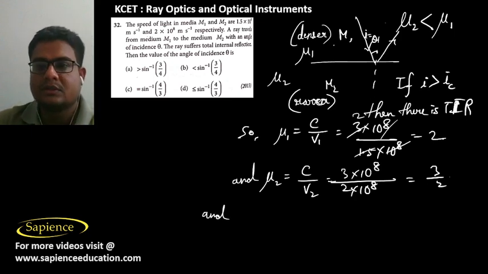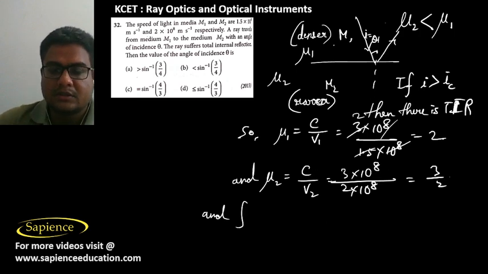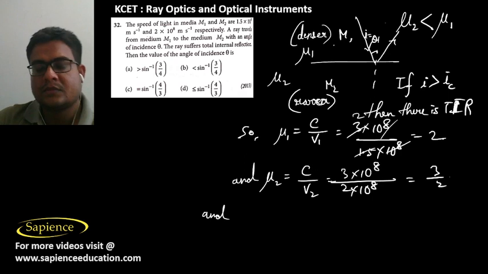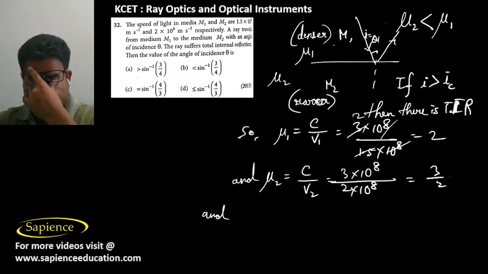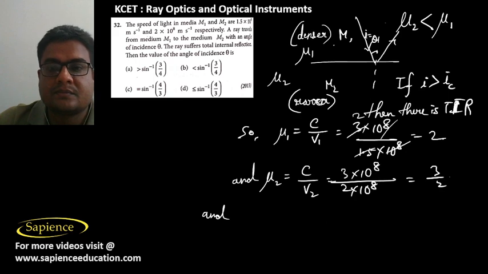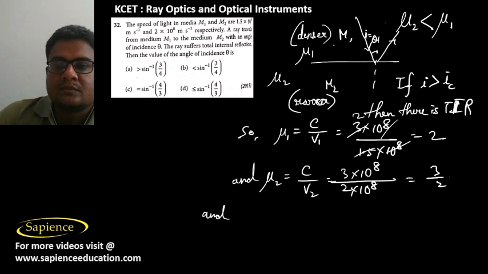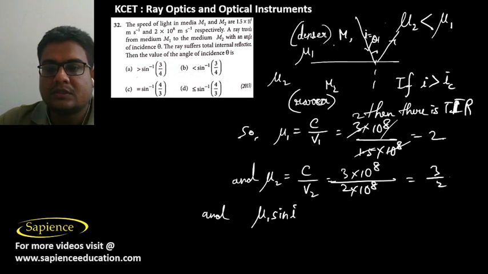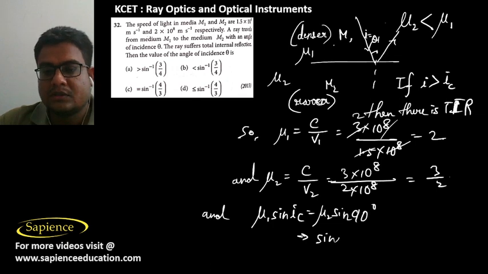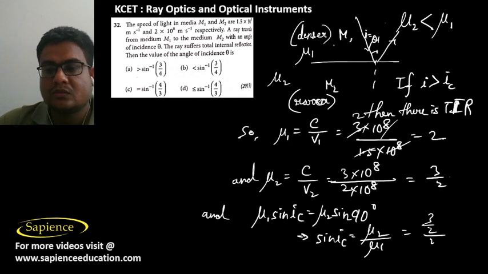And then if we have to find the critical angle of incidence, here we can say that mu1 is greater than mu2. I will say that mu1 into sine IC, that is equal to mu2 into sine 90. So therefore sine IC is equal to mu2 by mu1. So that will be 3 by 2 by 2.